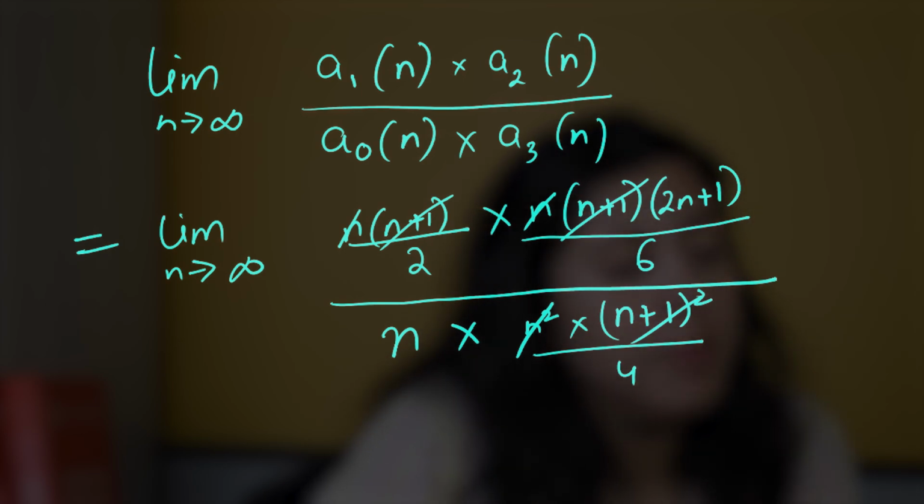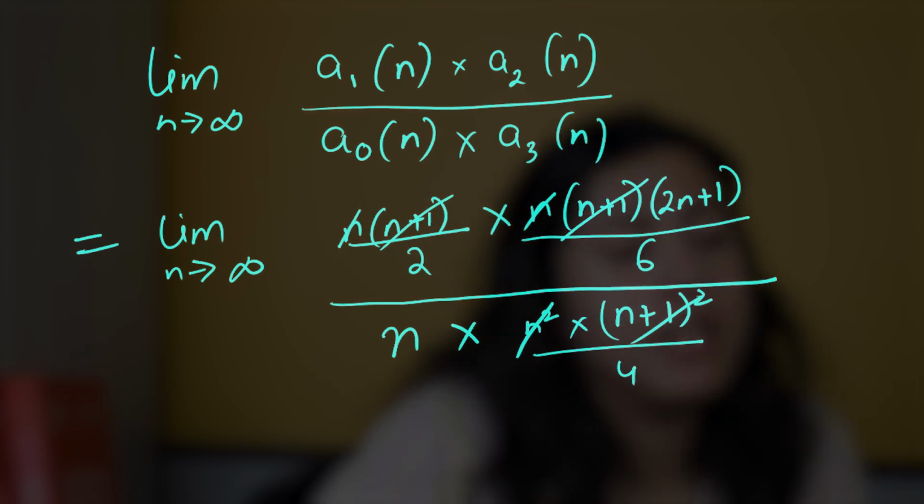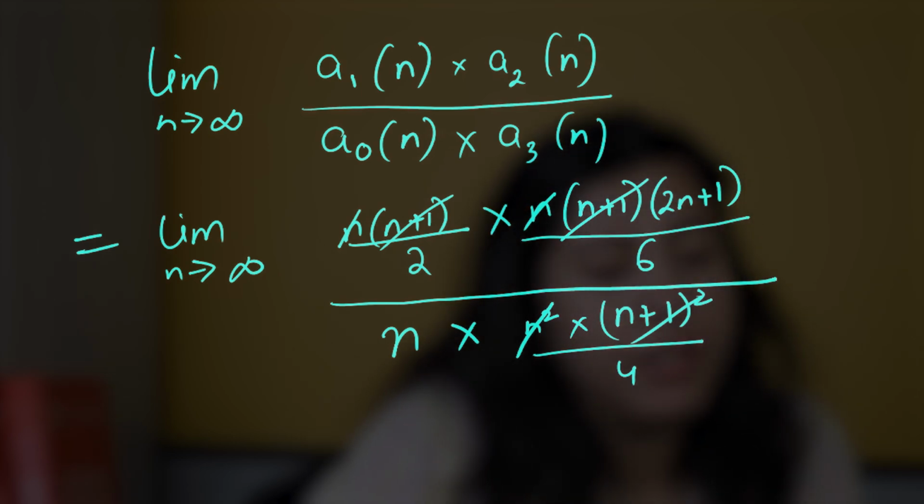That is equal to limit n tends to infinity of a1n, which is n into n plus 1 divided by 2, into a2 of n, which is n into n plus 1 into 2n plus 1 divided by 6, whole divided by a0 of n into a3 of n, which is n into n squared into n plus 1 squared divided by 4. Just expanding this square.